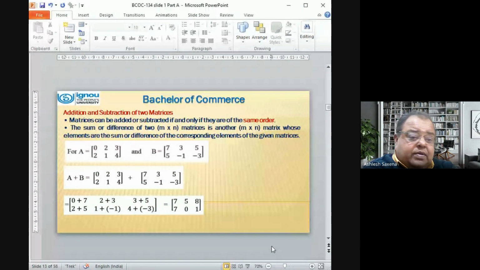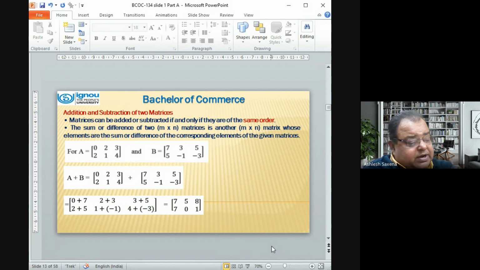We have two matrices. Matrix A consists of two rows and three columns, and matrix B consists of two rows and three columns. The first condition is satisfied, so they can be added or subtracted. We will start with adding. They can be added because they are of the same order, 2 by 3.